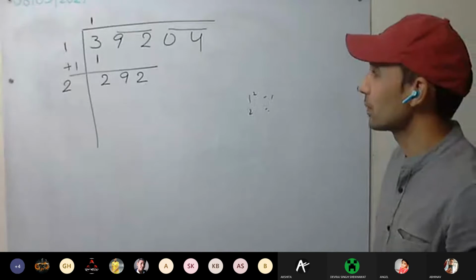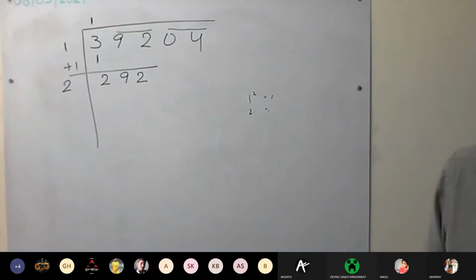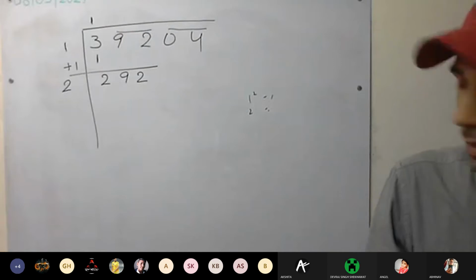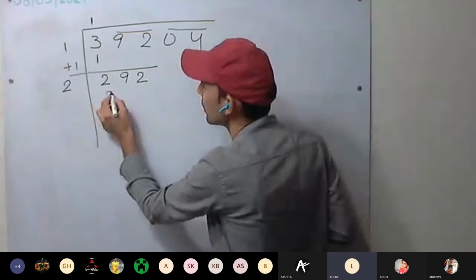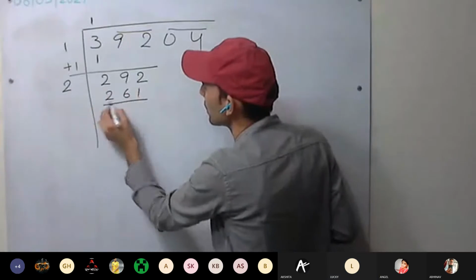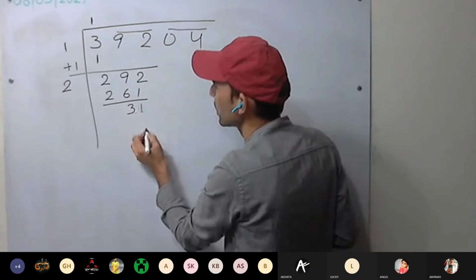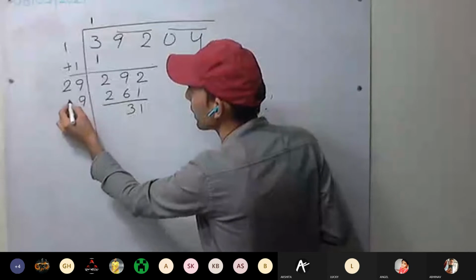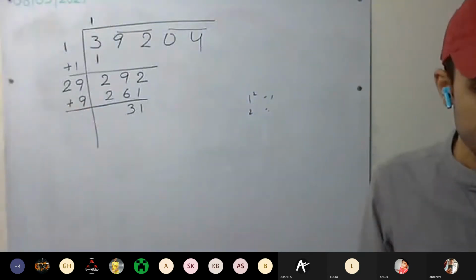Okay, check with 9. 29 into 9. Check it. Sir, 261 coming. But again we are getting 31. 29 into 9.